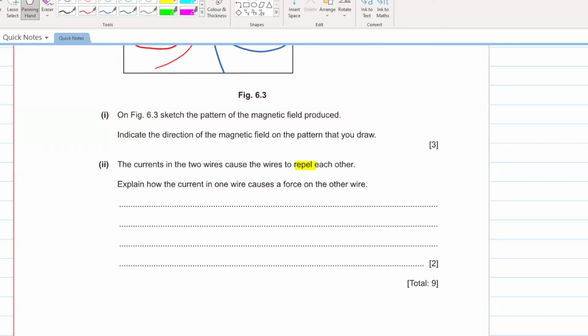You will say current in one wire interacts with the magnetic field of the other wire. देखो सुन लो.